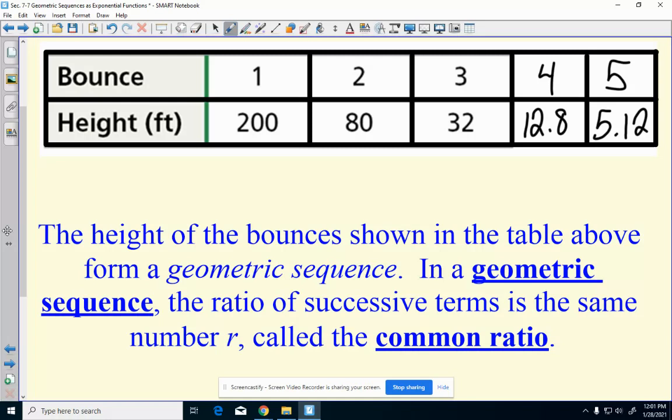Let's do this. Andrea, tell me how you got division by 2.5 in the first place. Okay. 200 divided by 80, 80 divided by 32. Each one of them gave you dividing by 2.5.